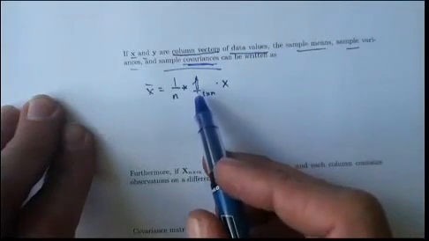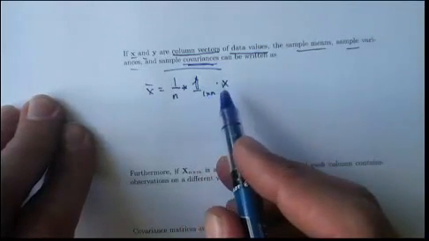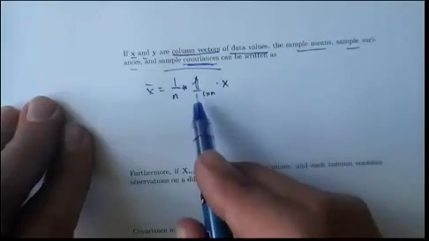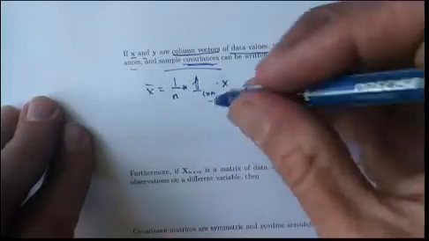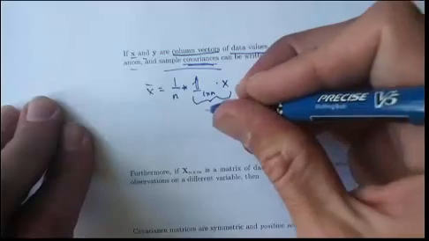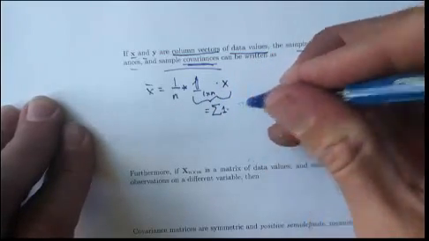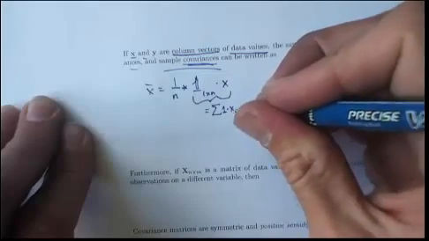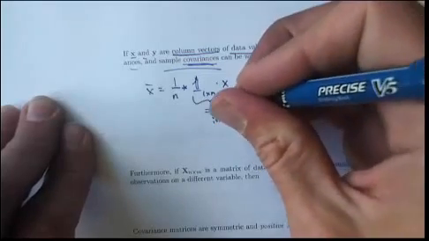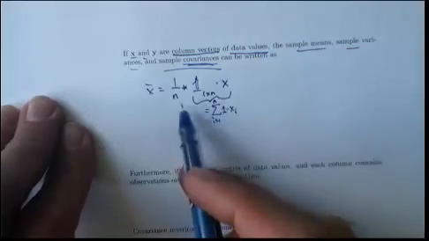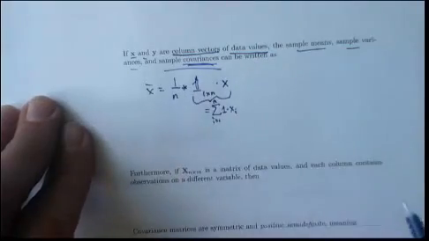Because I'm just saying 1 times the first element plus 1 times the second element plus 1 times the third element and so forth. This is the sum of 1 times the x values, and then I'm adding those numbers up and dividing by n.